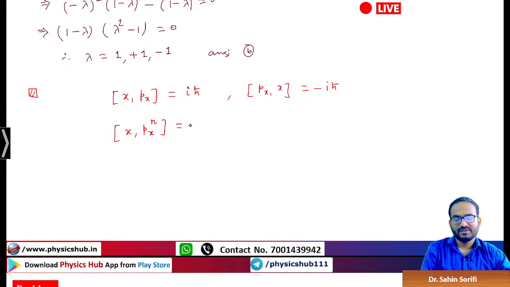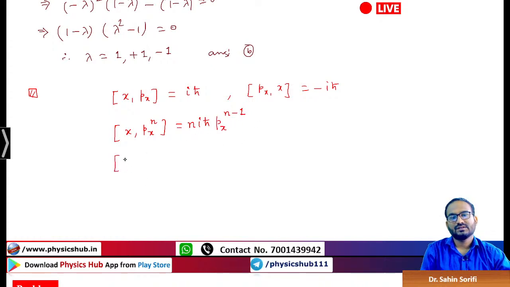The formula will be n i h cut, and whatever power is there, the power will be reduced by 1 unit: n i h cut px to the power n minus 1. Similar thing, if the power is on x, then the same formula applies, but now the power will be reduced from x.